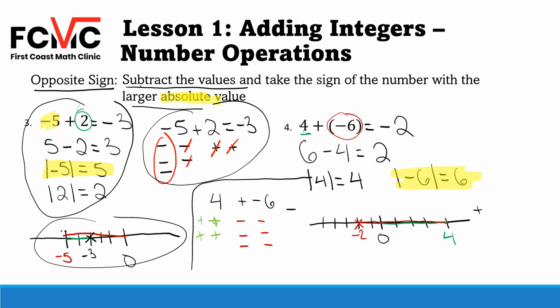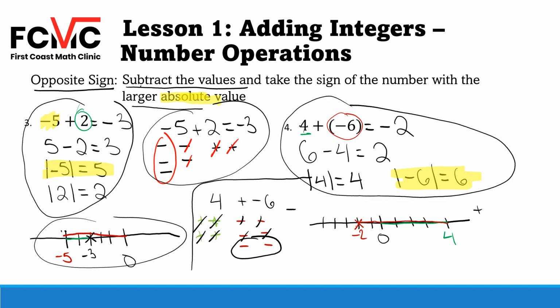Let's cancel out our positive and negatives. 1, 2, 3, 4, and we've got 2 negatives left over, right? So again, 3 different ways that we could do this, kind of using the general rule that we have, and then visually representing this on a number line and with our plus and minuses, right?